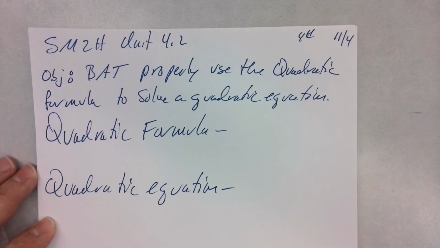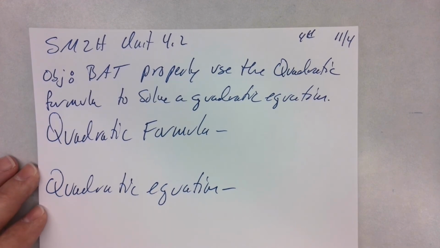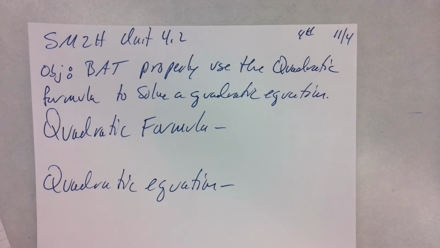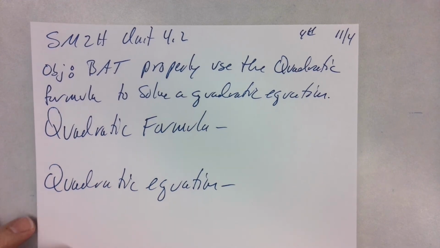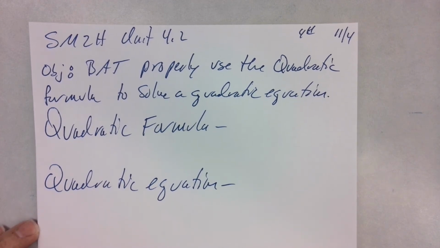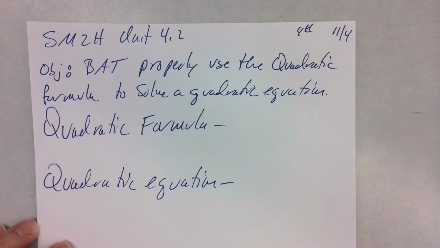Who knows what a quadratic equation is? Something with 4 terms? No, that would be a polynomial, right? An exponent to the 4th? Like a to the 4th plus b to the 4th? No. That would be a quartic equation.